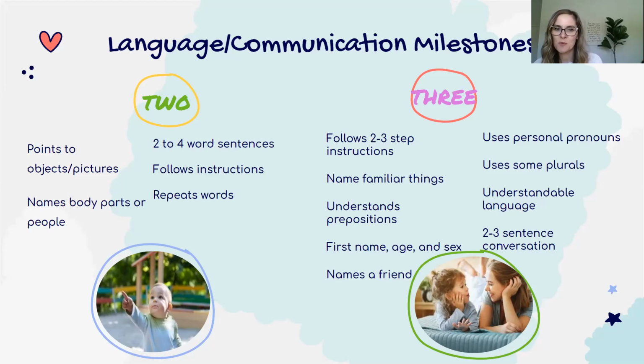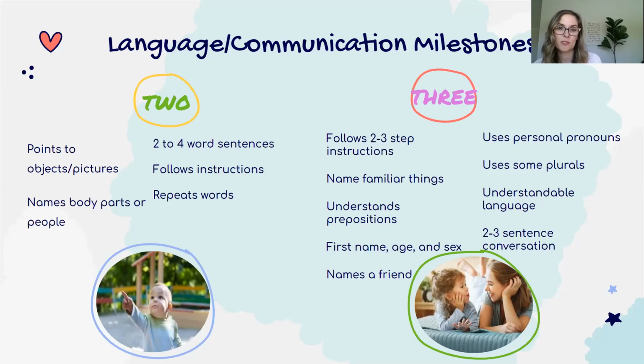They can understand words like in or on. So a big thing for us is hide and seek. So where is daddy hiding? Under the blanket, or in the bathroom, or in the closet. They can say their first name, their age, and their sex. When asked, they can name some friends.